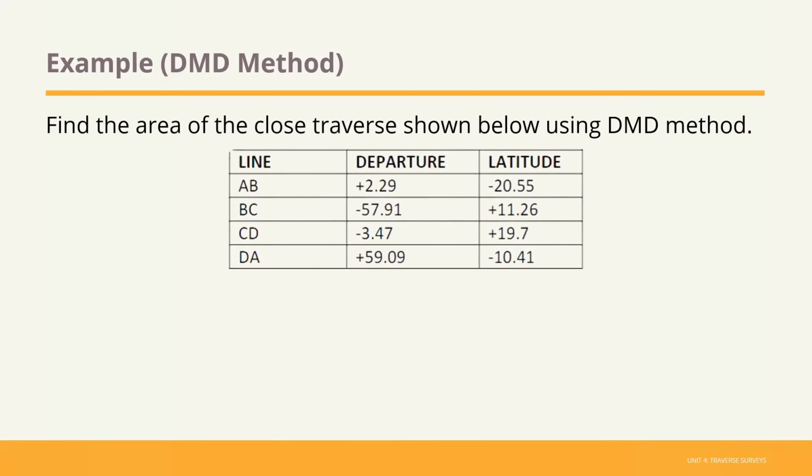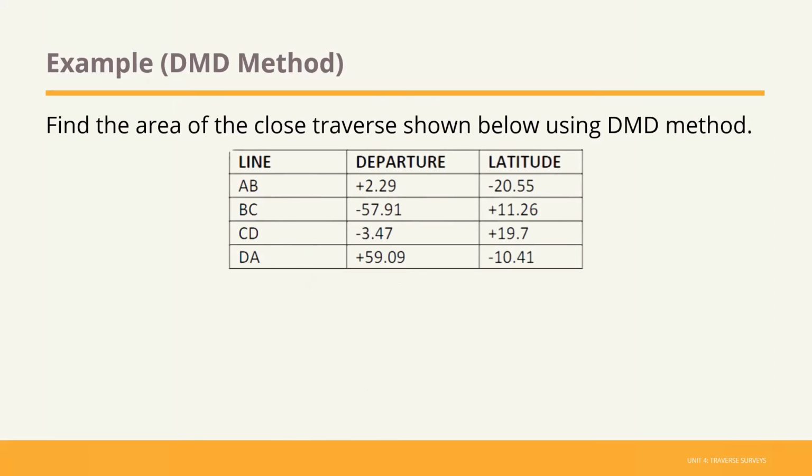So here's the problem. Find the area of the closed traverse shown below using the DMD method. Here are the given departure and latitude in their respective lines. Line AB has a departure of positive 2.29 and a negative latitude of 20.55.